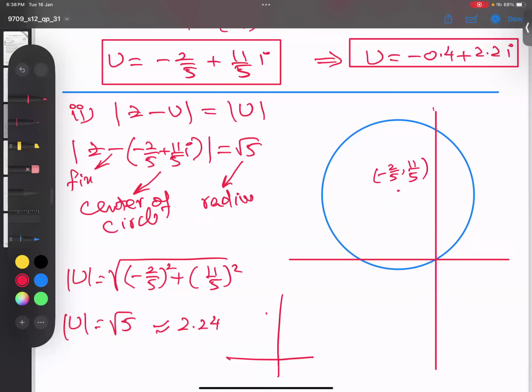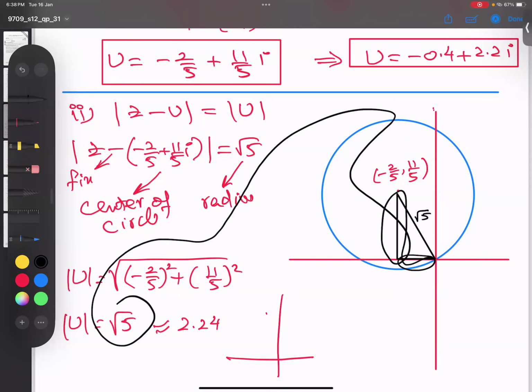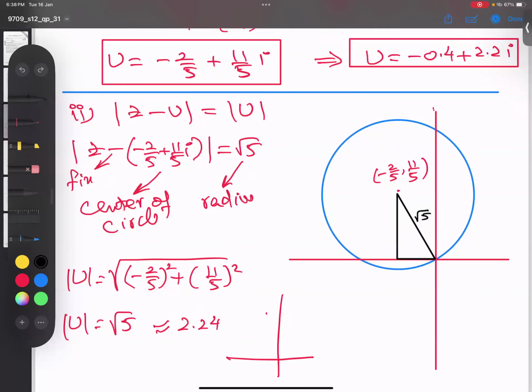And if I show you this diagram, this black color triangle, I believe you understand. And this root 5 is what I'm getting here, right? If I apply the Pythagoras theorem, I get root 5. It means this gap is root 5, which is the radius. So 100% our circle must pass through the origin.